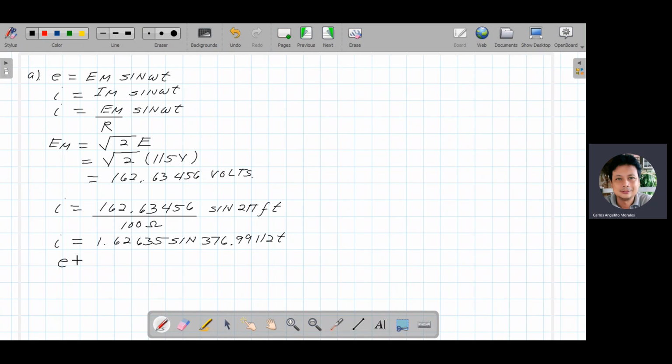And the voltage, which is equal to 162.63456 sine 376.99112 T. This is the time equation.